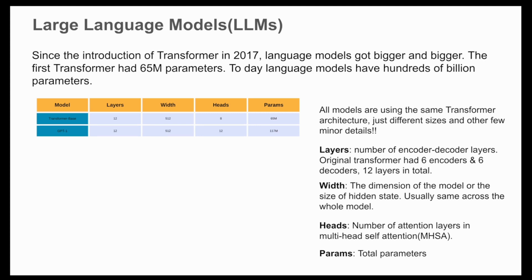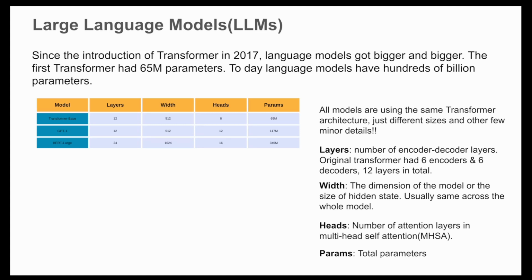GPT-1 is one of the earliest big transformers, and GPT-1 was from OpenAI. People at OpenAI have a really remarkable history in large language models. GPT-1 had 12 layers, the same as transformer base, and 12 heads, and it had 117 million parameters.